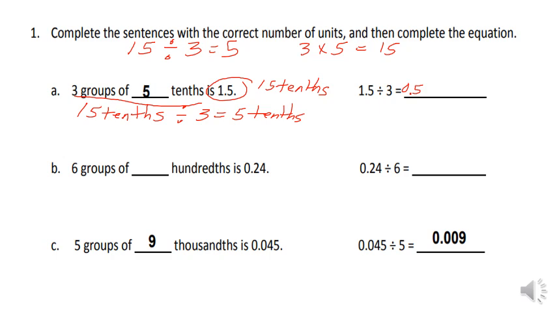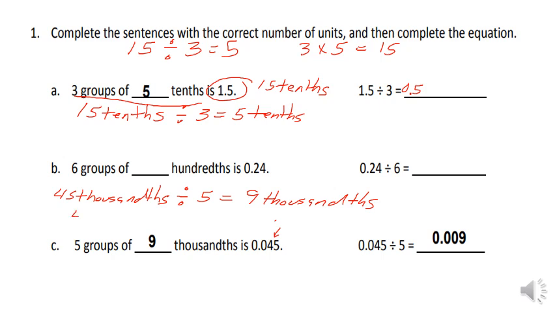Let's look at this one down here that's already done for us, but let's try to understand what we're doing. Now, if we turn it into the inverse operation, this is 45 thousandths because the 5 is in the thousandths place. So 45 thousandths divided by 5 groups equals 9 thousandths in each group.